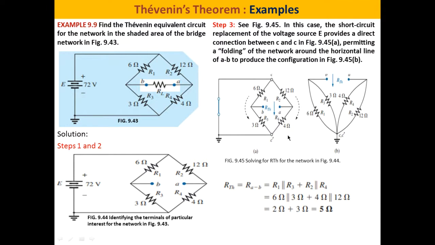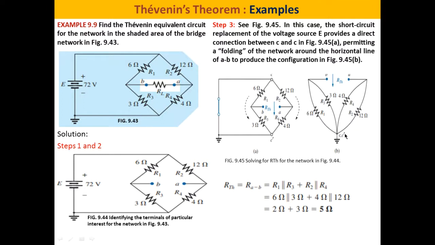The same happened for R2 and R4. So R1 and R3 are in parallel. R3 and R2 are also found in parallel now. Once we short circuit the power supply, we have made R3 and R1 in parallel, and R4 and R2 in parallel.